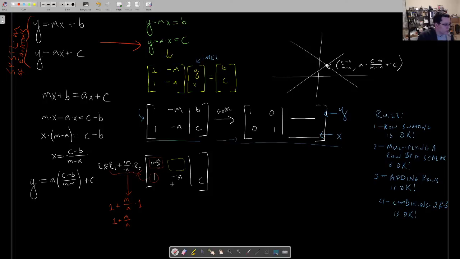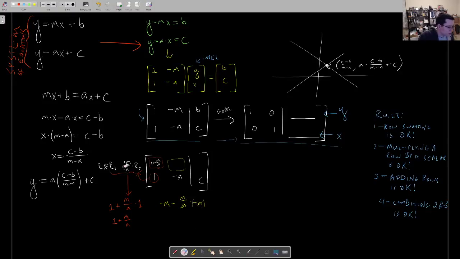And for this, we're going to do row 1, so that value is negative m, plus m over a times row 2, which is negative a. And so when we do that, we cancel those values out.